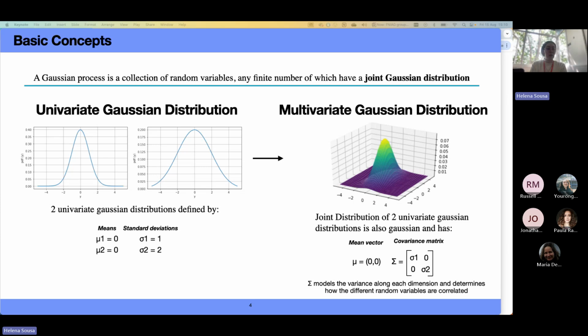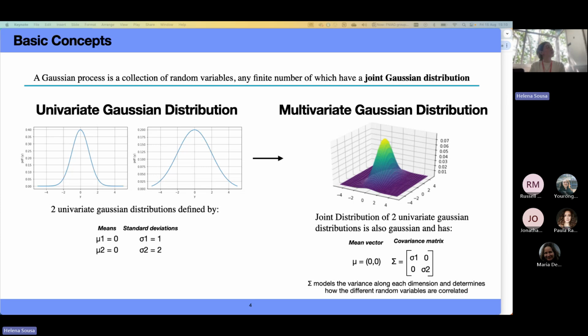If we start by looking at the very basic concepts of Gaussian distributions and how they are defined, here we have an example with two univariate Gaussian distributions, which can be described by their mean and standard deviation, as shown. We can also describe them together as a multivariate Gaussian distribution.